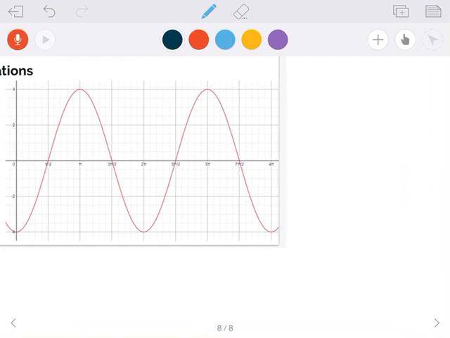So when we write a trig equation, we know we want it in the form y equals a times either sine or cosine of x minus h plus k, which means that to write the equation, we need to decide if we're going to write sine or cosine, and then we need to find the a, h, and k values.